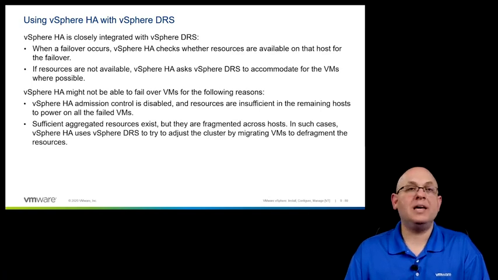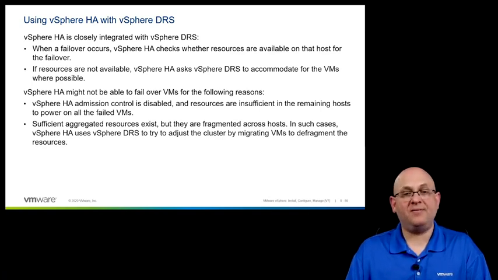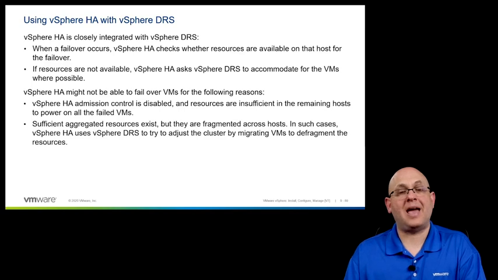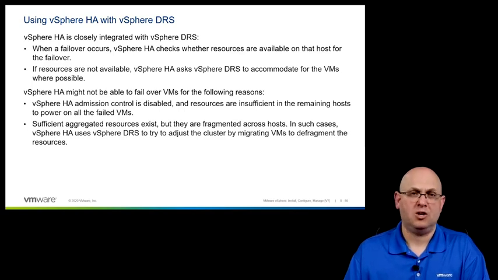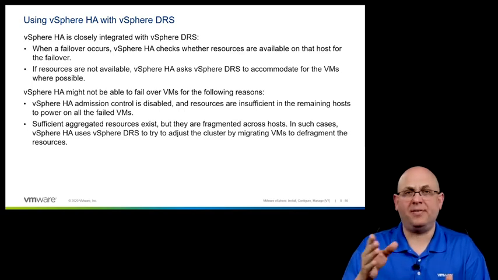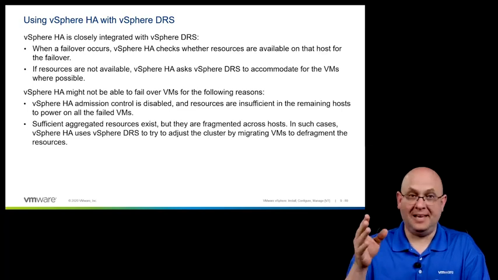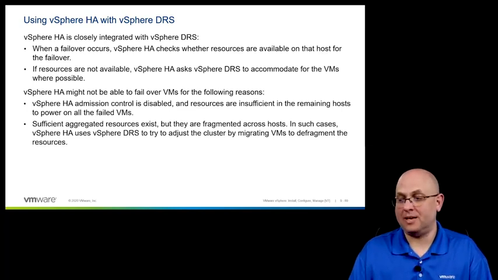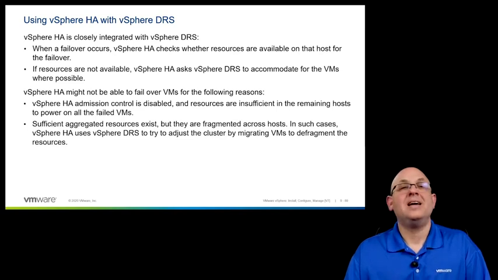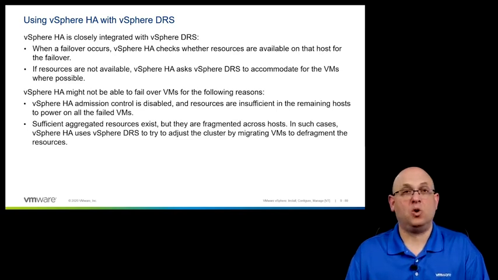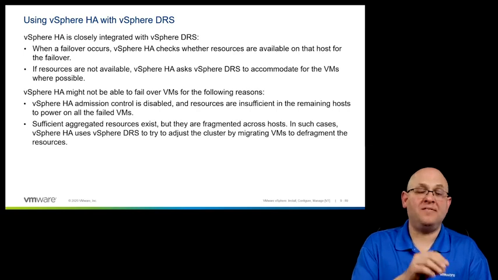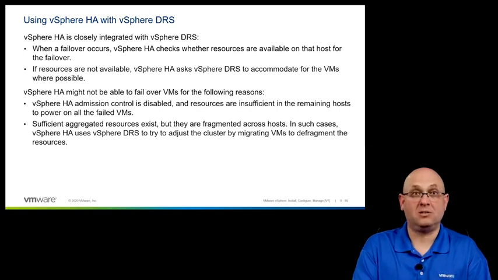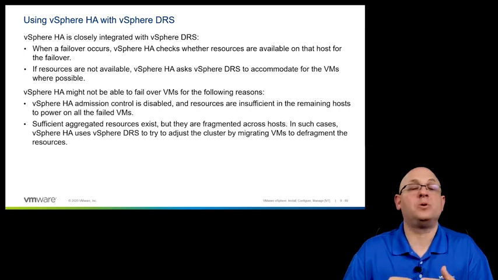Okay, so if DRS affinity rules are set up as required affinity rules, these VMs must be on these hosts, and these hosts go down, HA can't restart the VMs. That makes sense.